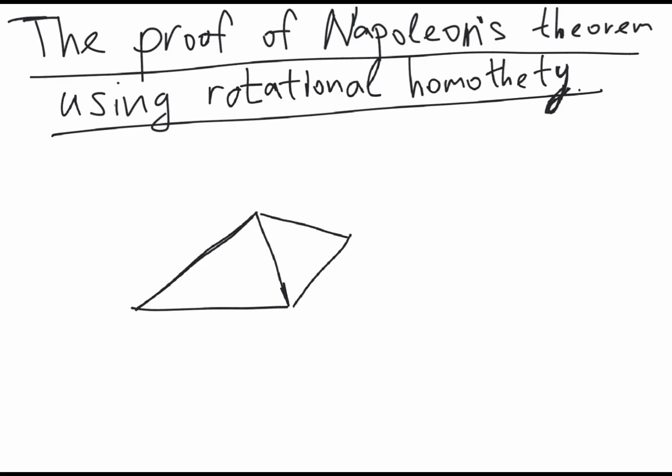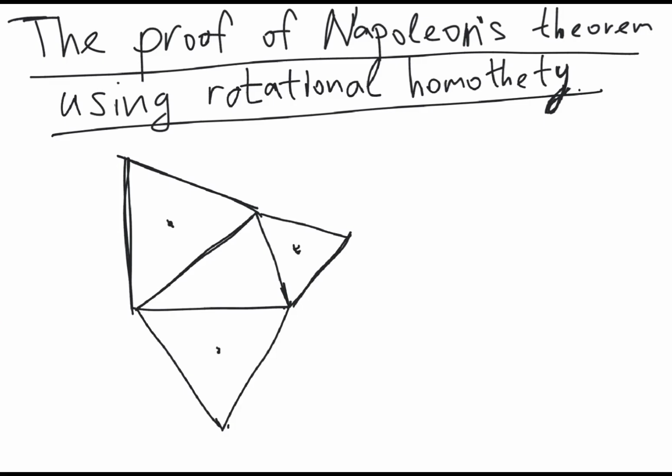So like this, like this, and like this. So three equilateral triangles, and we consider the centers of these triangles, and Napoleon's theorem claims that these centers form itself an equilateral triangle.